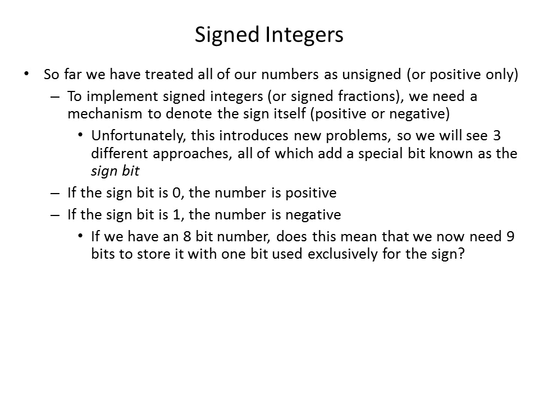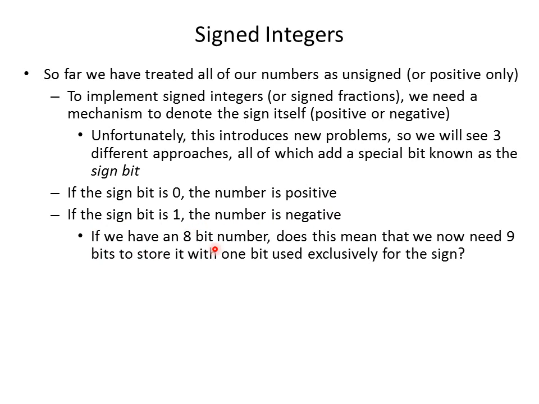So far, we have treated all our numbers as unsigned, positive only. To implement signed integers or signed fractions, we need a mechanism to denote the sign itself. Unfortunately, this introduces new problems. So we will see 3 different approaches, all of which add a special bit known as the sign bit. If the sign bit is 0, the number is positive. If the sign bit is 1, the number is negative.